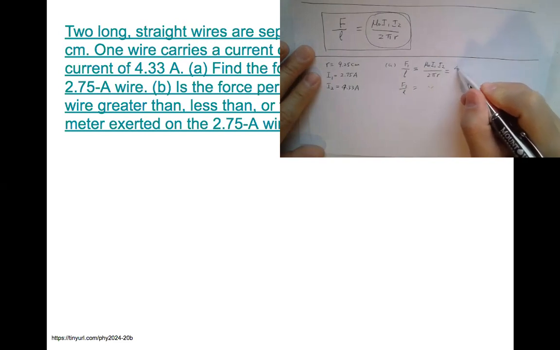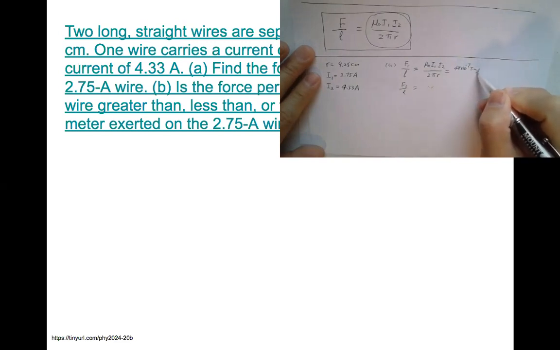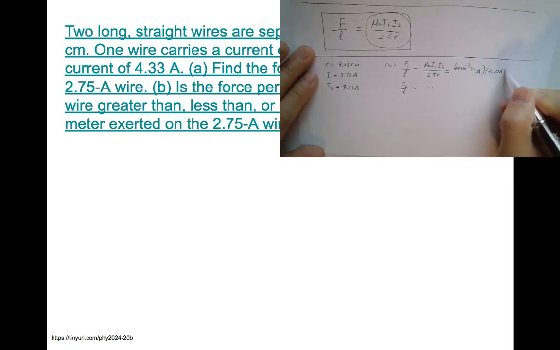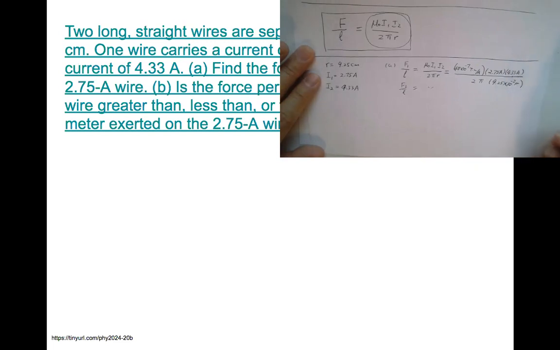So 4 pi times 10 to the minus 7 Tesla meters per amp times I1, 2.75 A, times 4.33 A, divided by 2 pi times R, 9.25 centimeters. We want to convert that into meters. Now 2 pi will cancel out with 4 pi, with 2 remaining, because 4 by 2 is equal to 2.